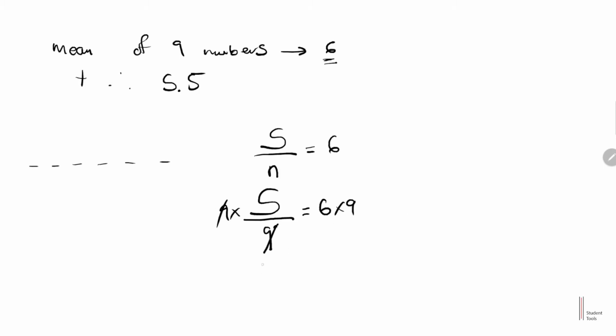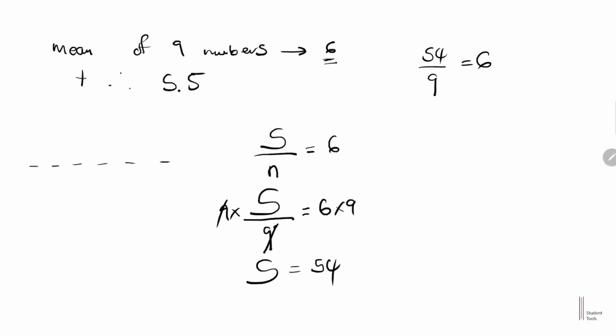And then we have the sum of the values in the data set equal to a 6 multiplied by a 9, that is equal to a 54. So that means in the first case, they had a 54 over a 9. When they were looking for the mean, they got a 6 because 54 divided by a 9 is equal to a 6. So that's how it was.